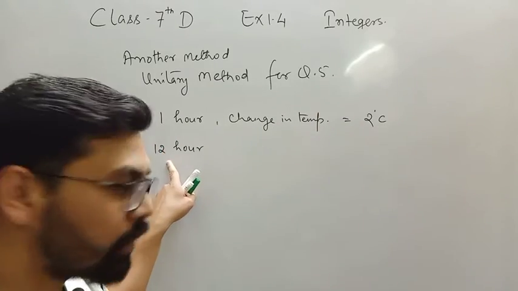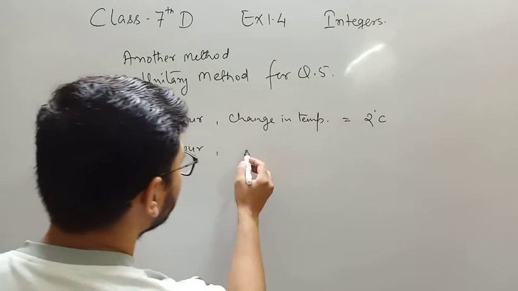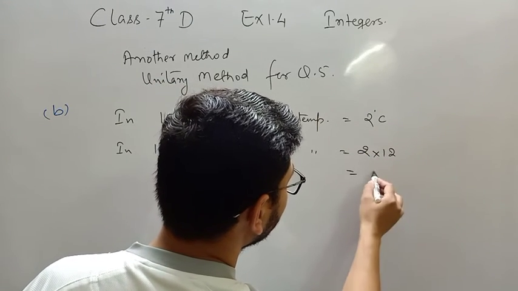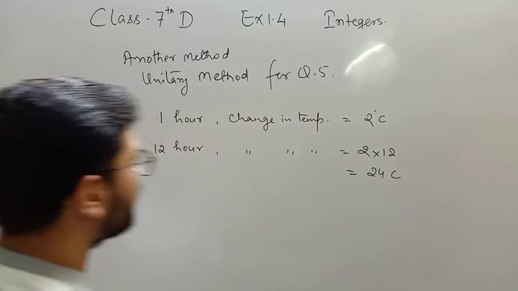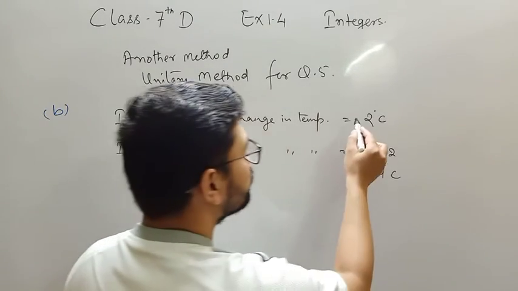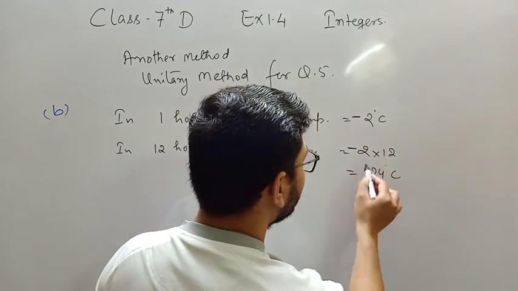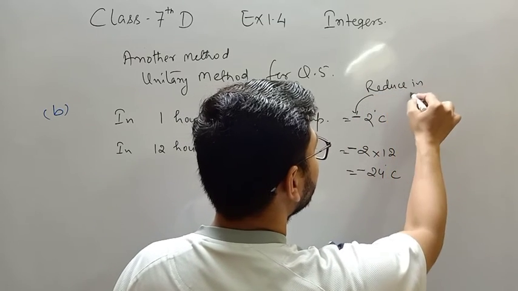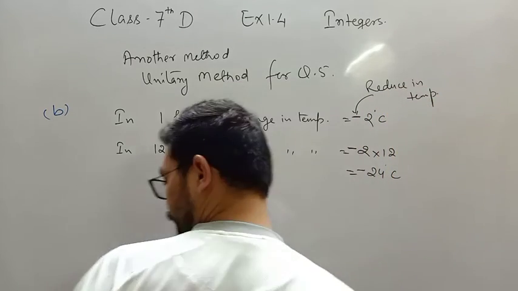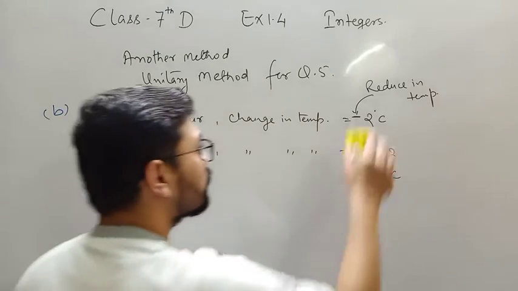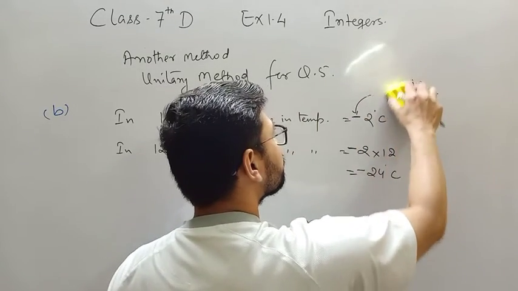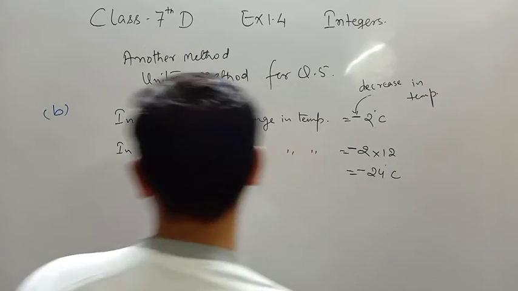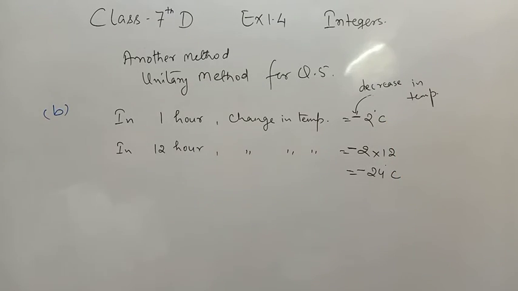So in 12 hour how much it will reduced? 2 into 12, which is equals to 24 degree Celsius, right? Because I'm showing minus and this minus sign shows decrease in temperature.